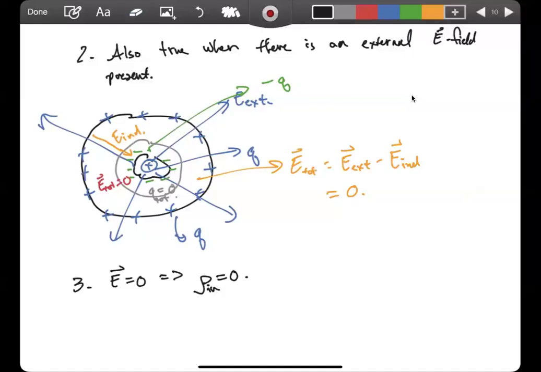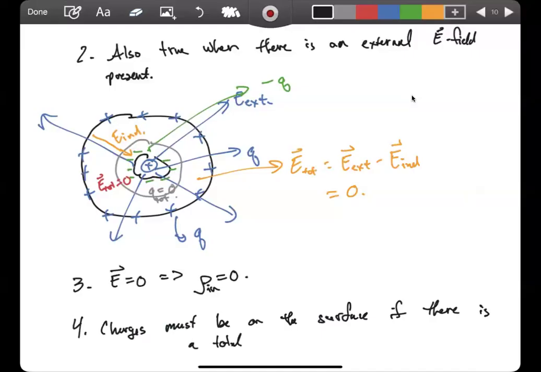So as I just mentioned in the previous part, this also has the effect that the charges must be on the surface if there is a total charge on the conductor.